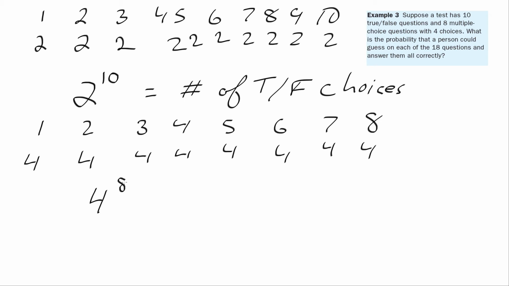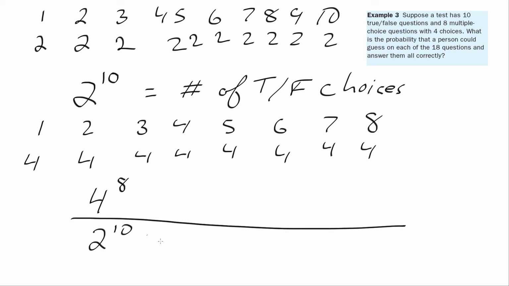The answer to our question is how many ways to get them correct. Well, first let's find out how many ways there are to answer the test, all wrong or all right. So I have 2 to the 10th power times 4 to the 8th power.